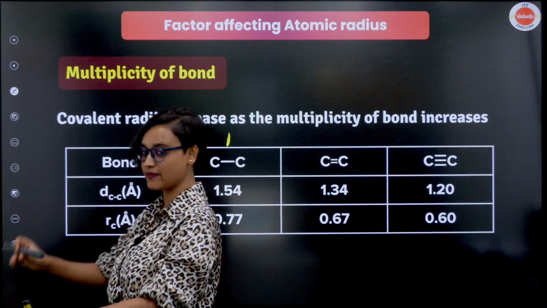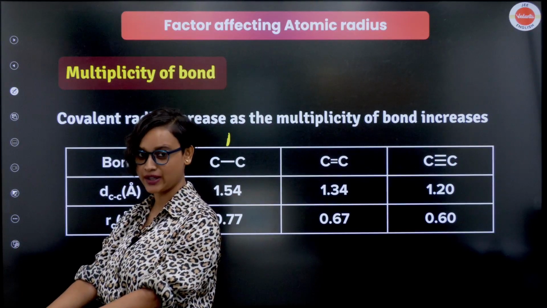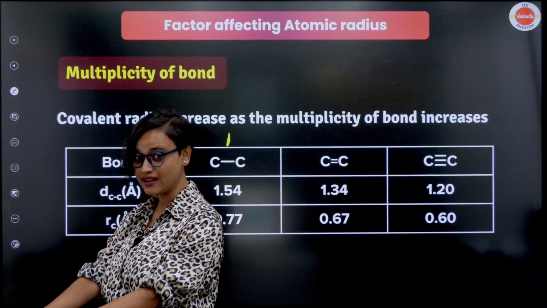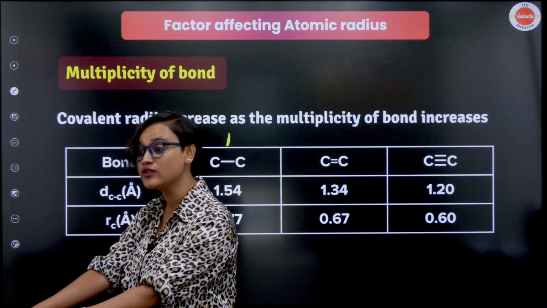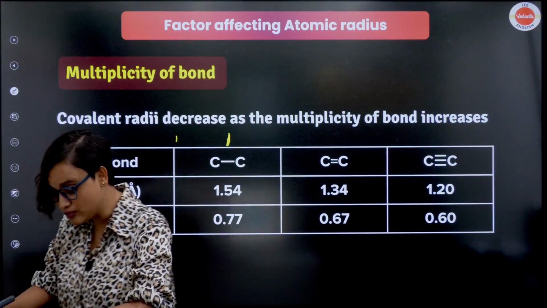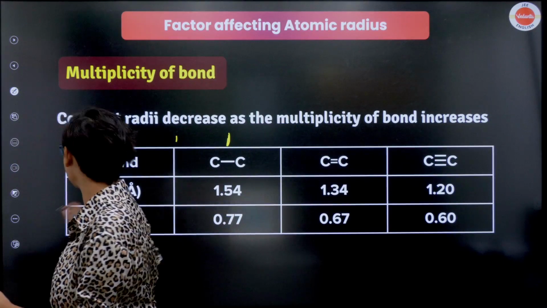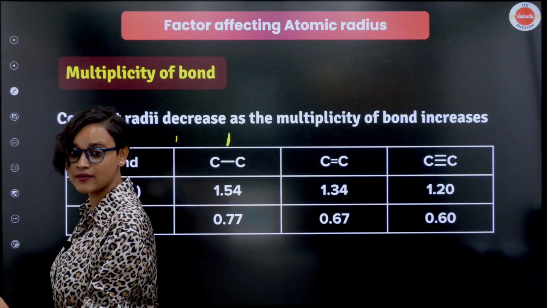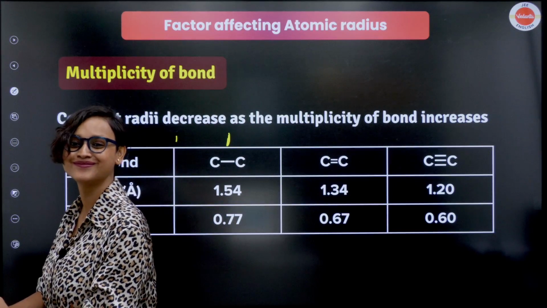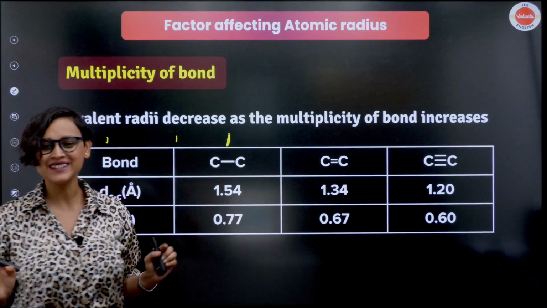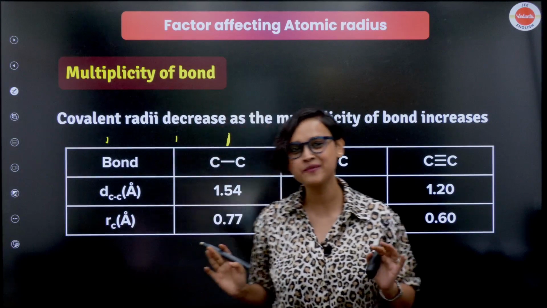My head is now somewhere here. Now if you ask me to hold the chair with my leg also, then I'll have to come a little more closer. Now I have 3 bonds here, so my head is somewhere here. Got my point? Very simple, very easy.